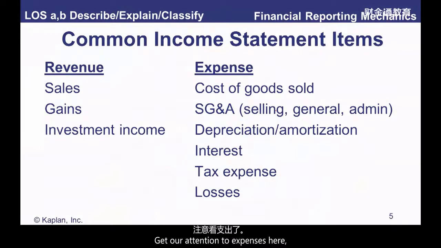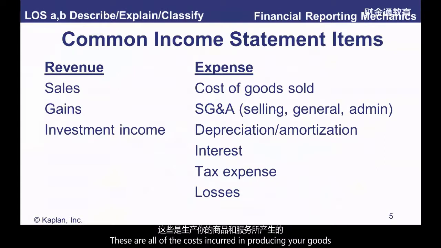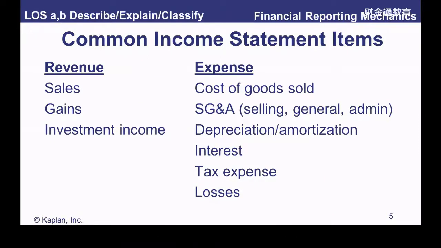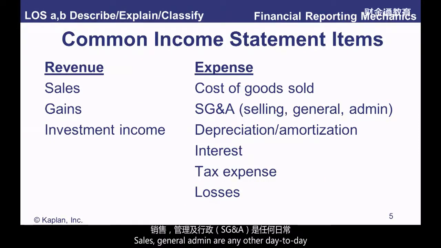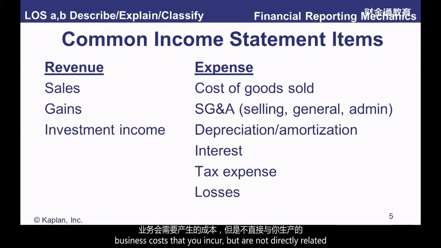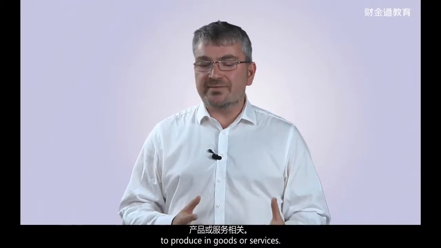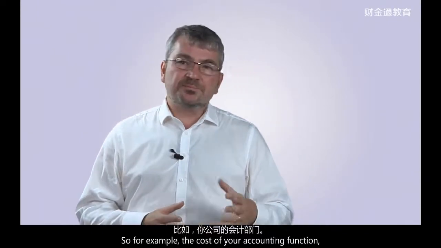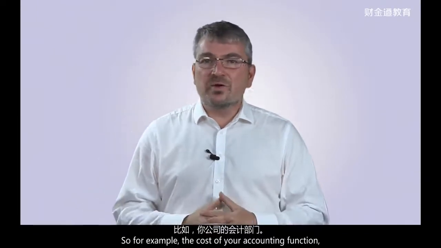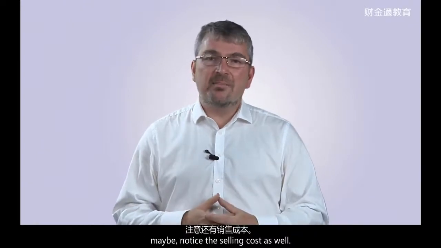Let's turn our attention to expenses here. We've got our costs of goods sold. These are all of the costs incurred in producing your goods and services, getting them into finished good status. Sales, general admin are any other day-to-day business costs that you incur but are not directly related to producing goods or services. So, for example, the cost of your accounting function maybe.